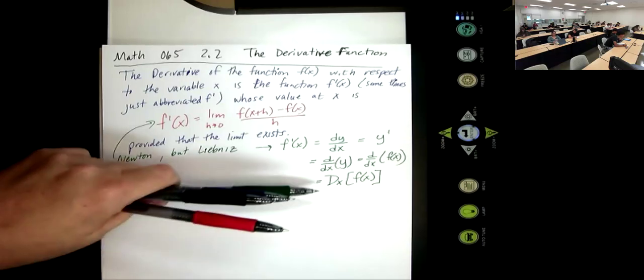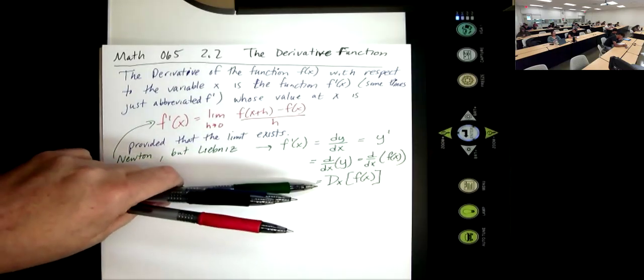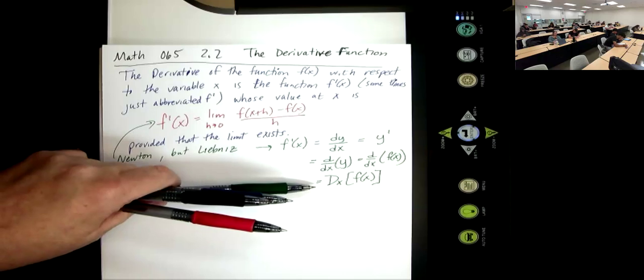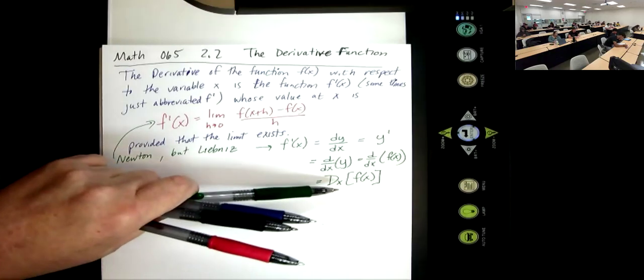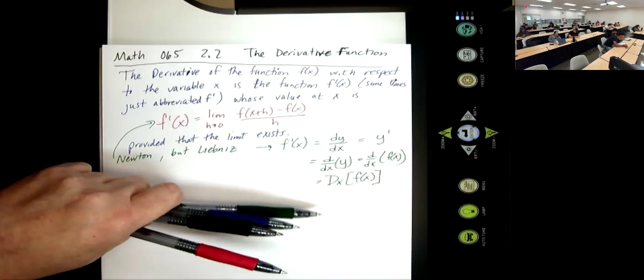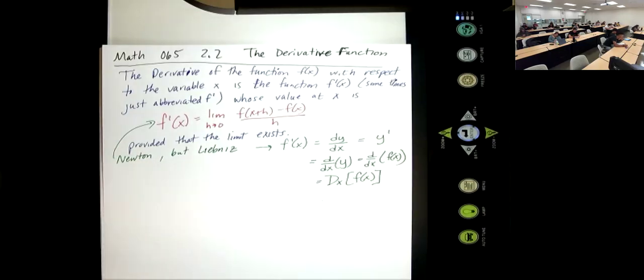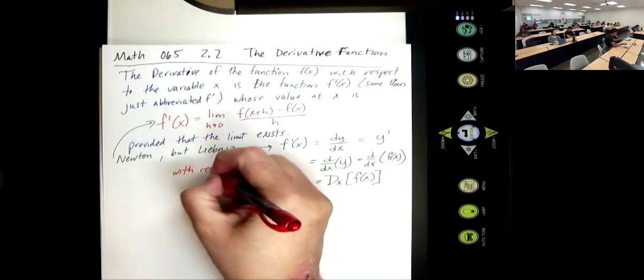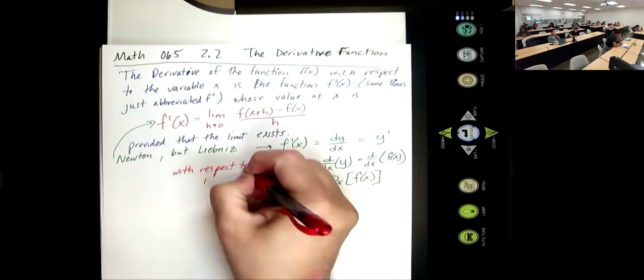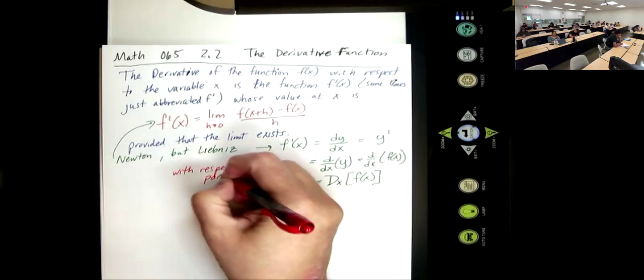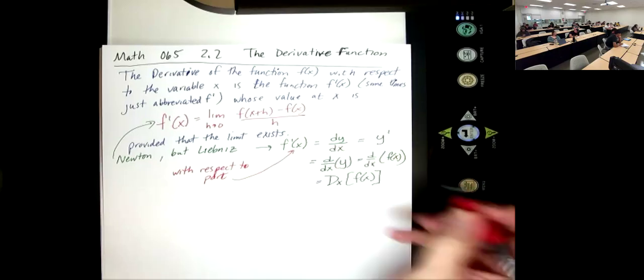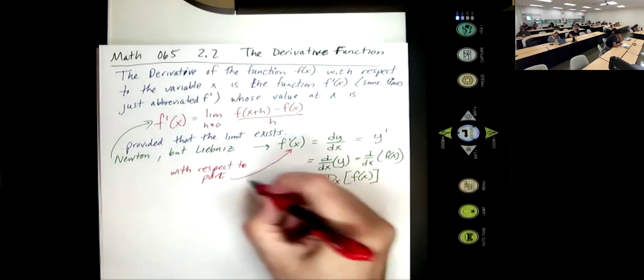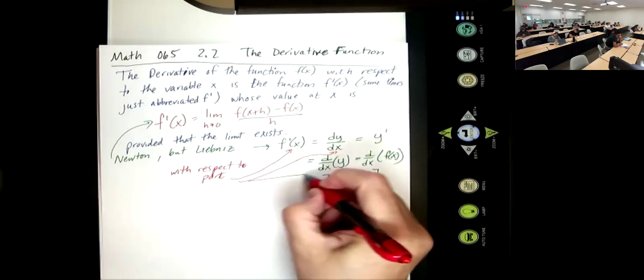This one tends to be used when you're doing multiple variables. It allows you to say this is no longer an f of x, but it might be f of x, y, z, and you'll say which variable you're treating it with respect to. So the with respect to part in each of these is the letter inside there, or the letter that shows up on the bottom.